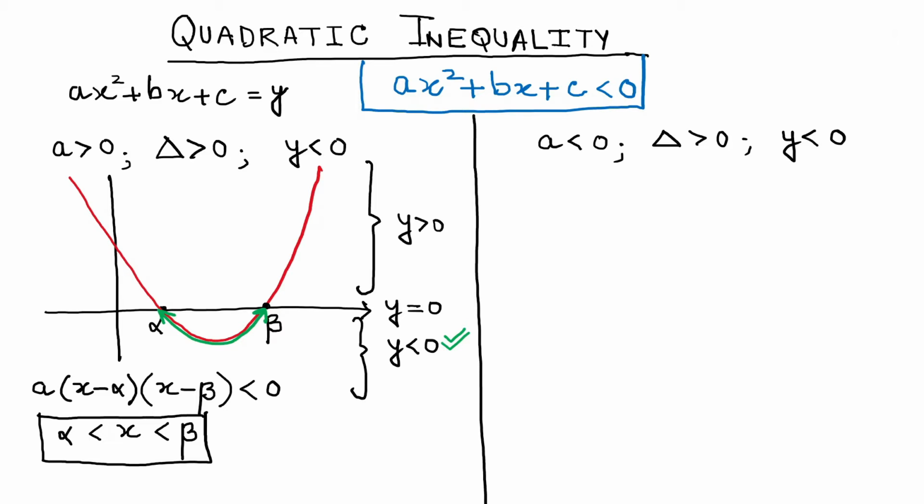Okay, in the second case, we know that a is negative and delta is positive, so let us make the graph accordingly.